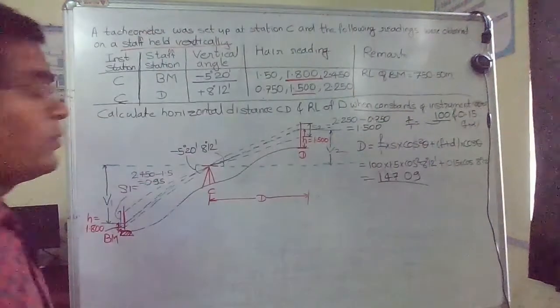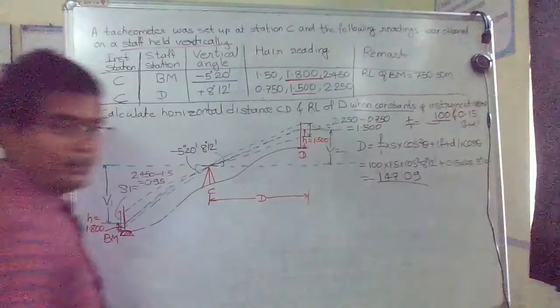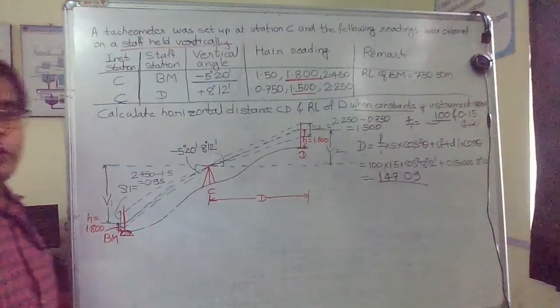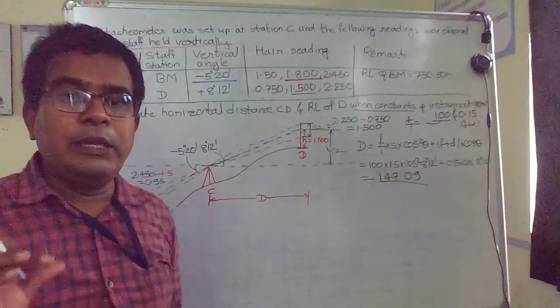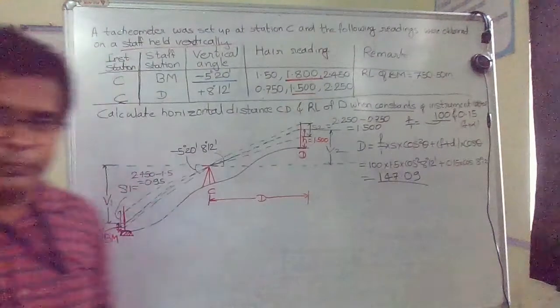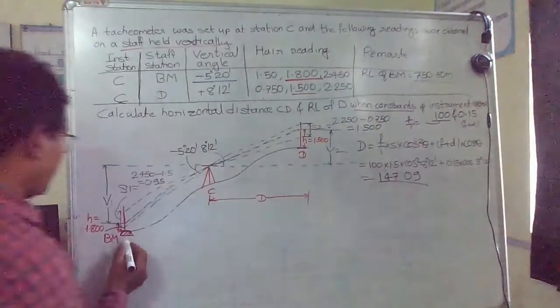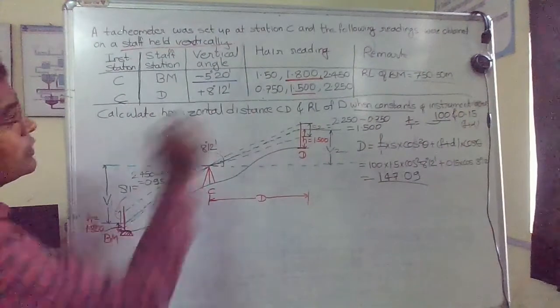Now the next step is to find the RL of point D. To determine the RL of any point, we should know the RL of some point. Here we have the RL of the benchmark, which is given as 750.50.